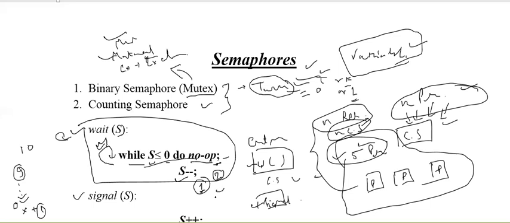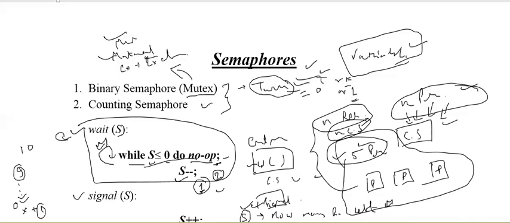The value of semaphore S tells how many resources are left. Once again, be sure that the value of the semaphore tells how many resources are left. So since it got 1, one resource is left.